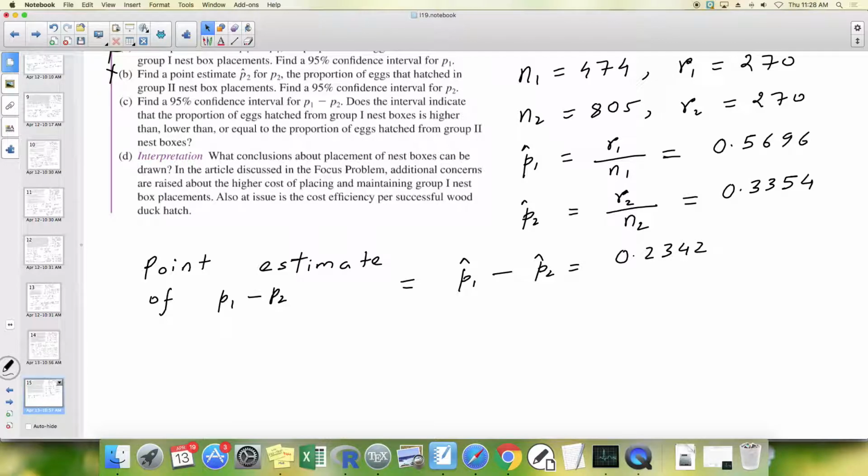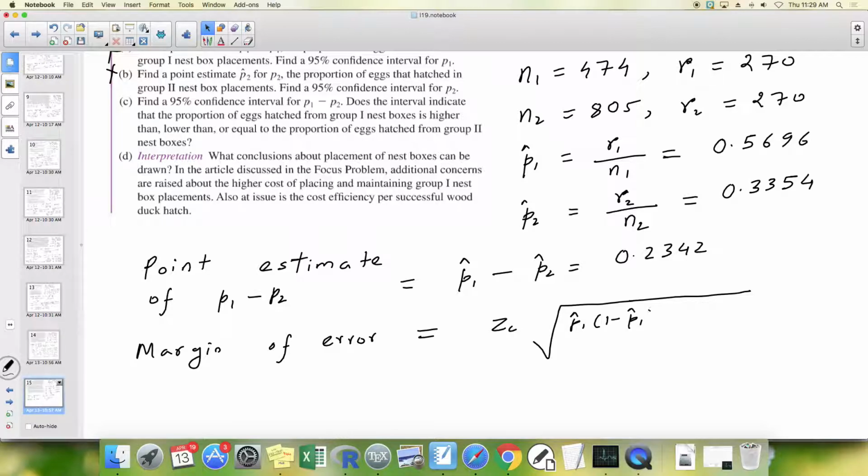And next, margin of error, which is ZC times square root of P1 hat (1 minus P1 hat) by N1 plus P2 hat (1 minus P2 hat) by N2.